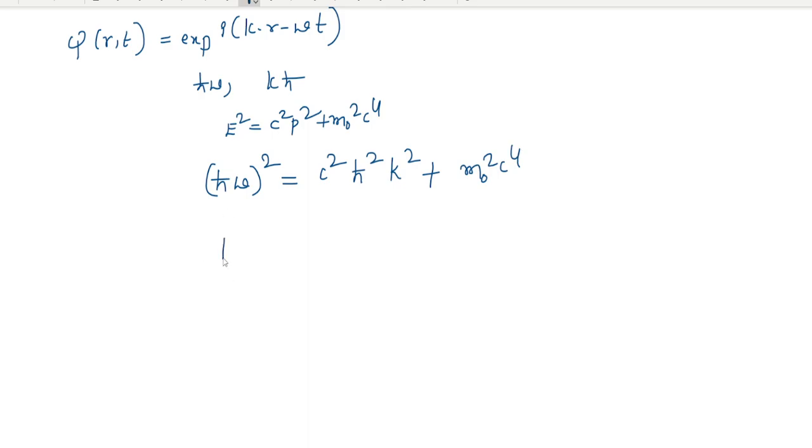Here we got one important piece of information. h cross omega equal to what here? Plus or minus the root of c square h cross square k square plus m naught square c power 4.